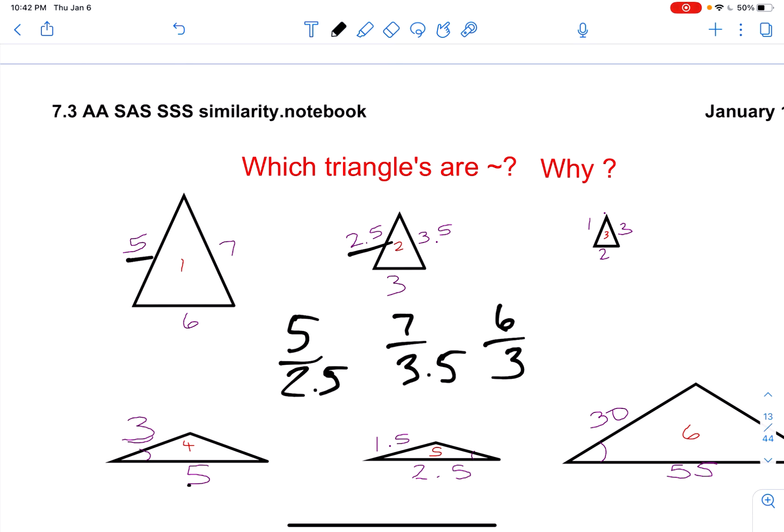5 to 2.5, 7 to 3.5, 6 to 3. Yes, those all equal 2.